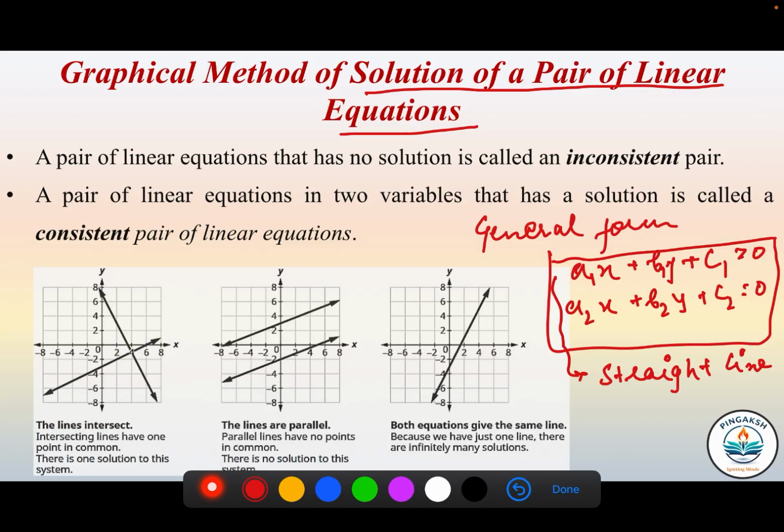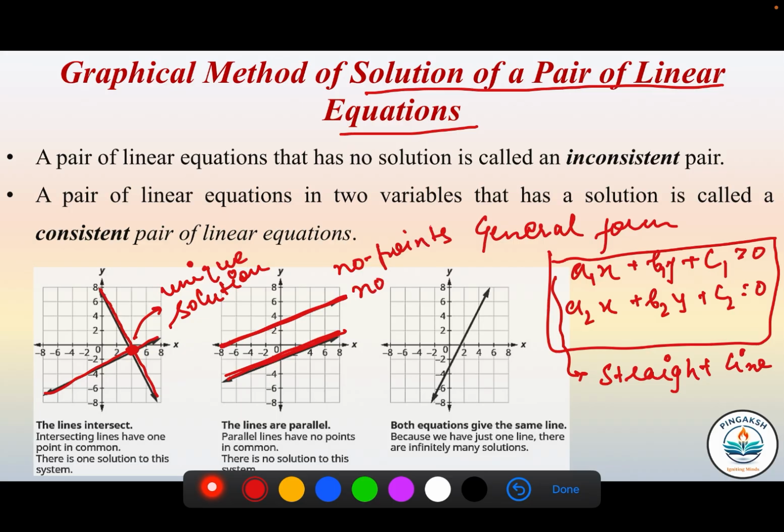What is the solution of this pair of linear equations? Suppose one line and another line intersect at a point, then we get a unique solution. If the lines are parallel, then we have no points in common, therefore there is no solution.